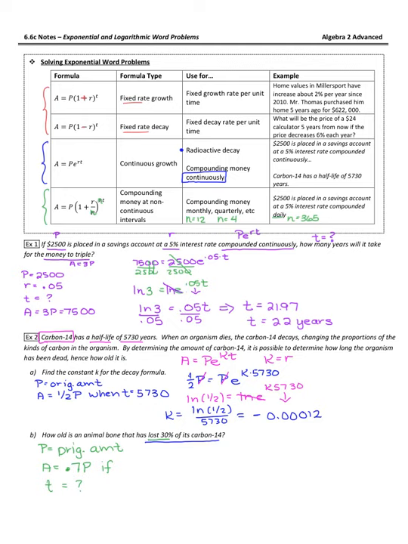And K is going to be the amount that we used above, negative 0.00012. All right, so we set it up. We have 0.7P, 70% of the original amount, equals the original amount, e to the negative 0.00012T. Now, you might think there's 2 variables here, but again, we divide through by P, so it's gone.